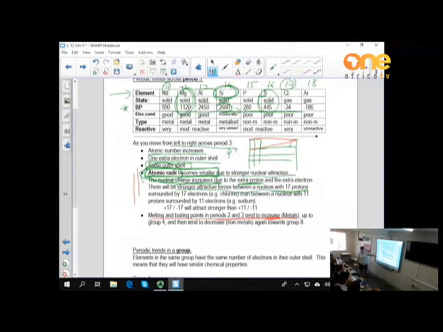And then up to group 4, so where we have 1, 2, 3, 4, here's group 4, what happens? They tend to decrease towards group 8. And that's got to do with the non-metallic character.